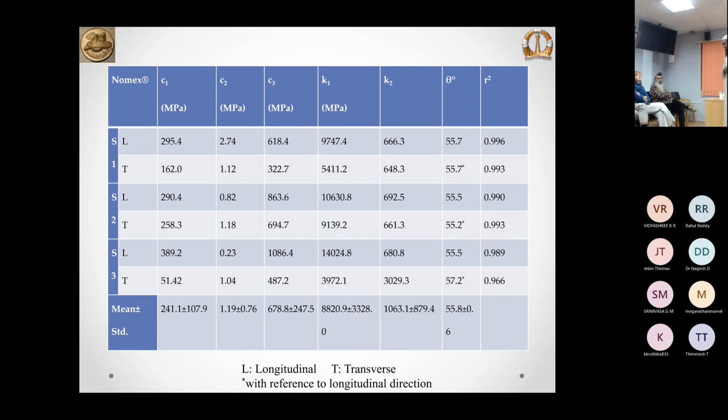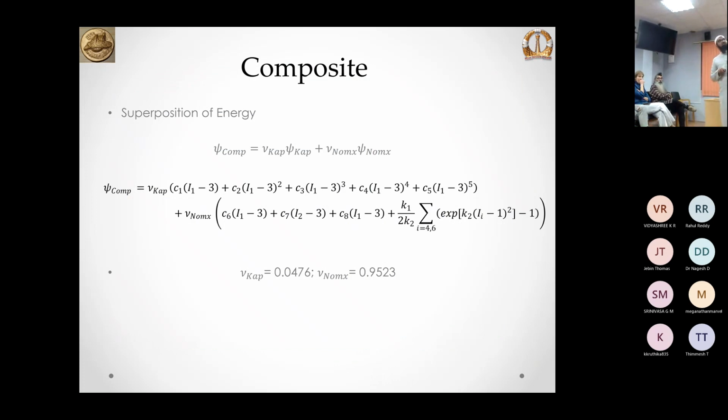And I'm trying to get theta from the curve optimization algorithm, and that is nearly 55.8. That is almost lying in the range of what experiment is showing. So this is also an interesting thing that we found here in our study.